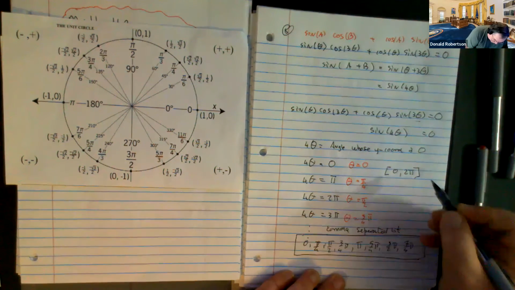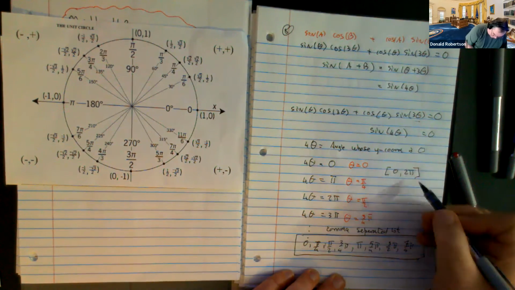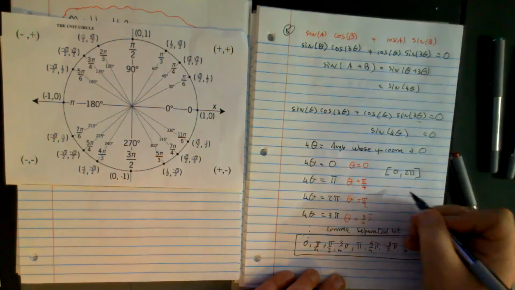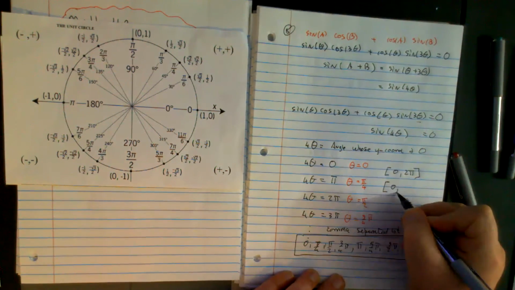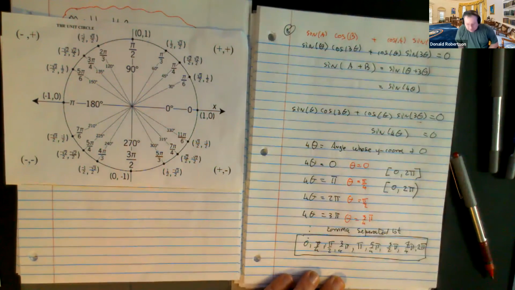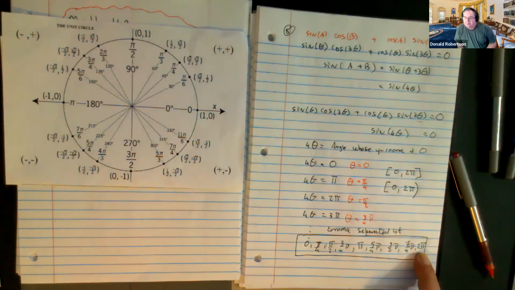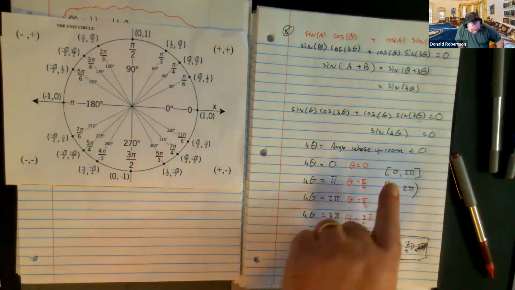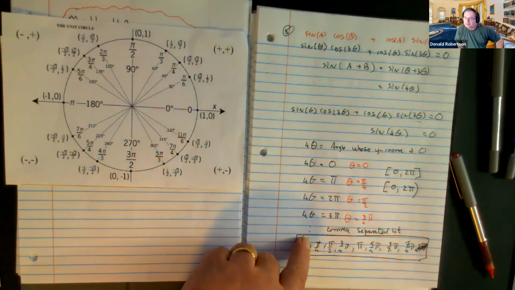Now, I put down a square bracket here, and because of that, wouldn't the last answer be 2 pi? If it had written 0, 2 pi with a curved bracket, would I use the 2 pi? No. If they put a curved bracket on this side, would I use the 0? No. Right.